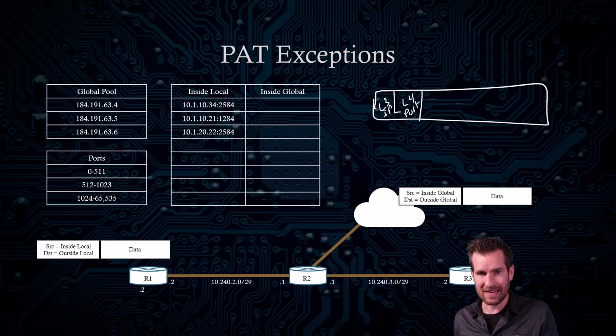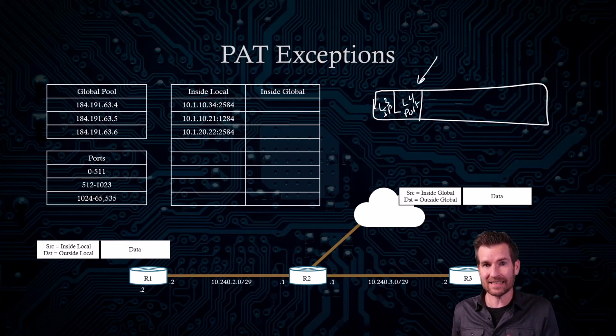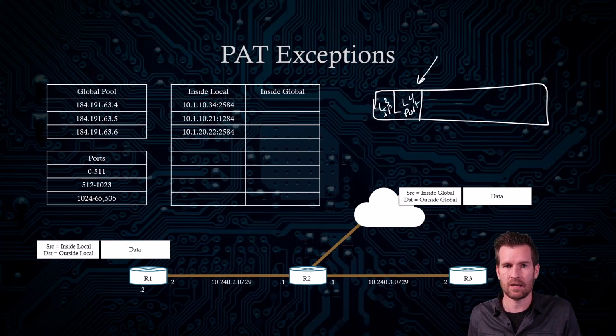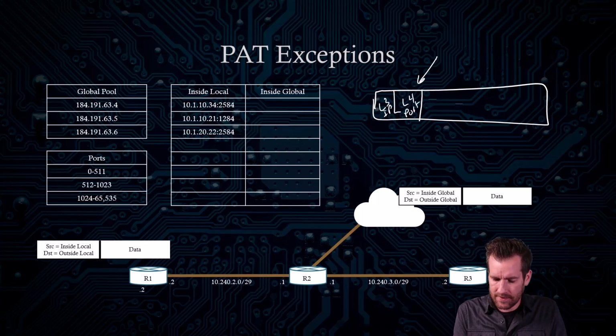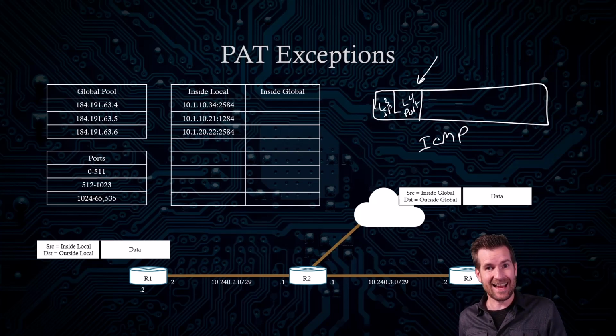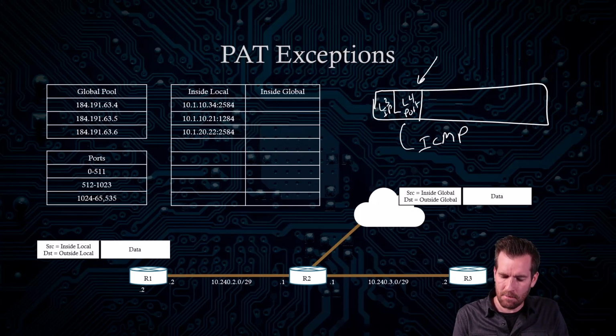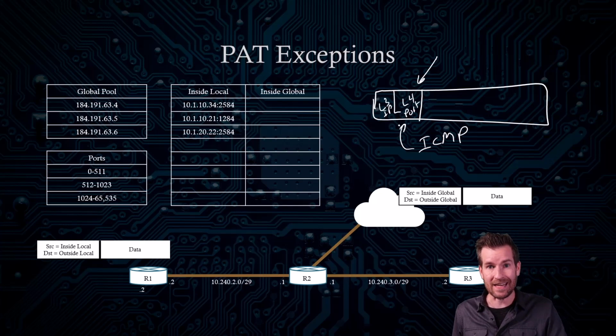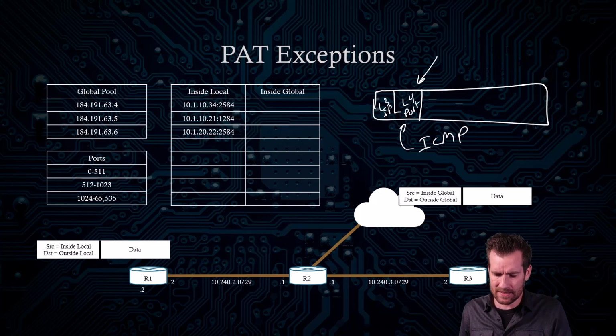Now the problem is that not all packets have this same layer 4 header, and not all packets have a port number associated with it. An example of that is ICMP. ICMP, things like ping, does not have a port number associated with it.